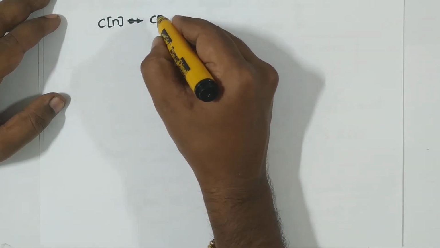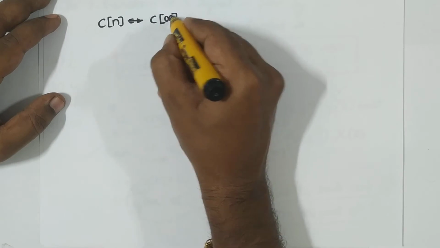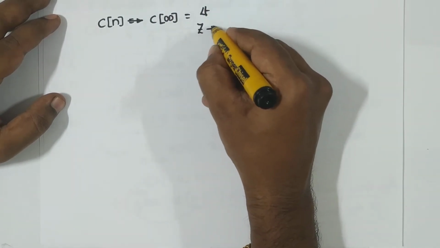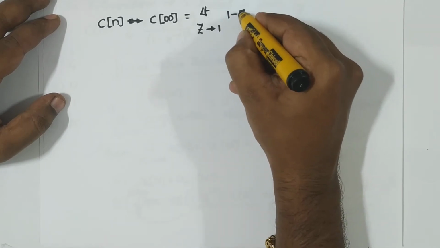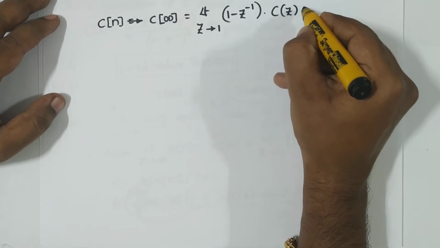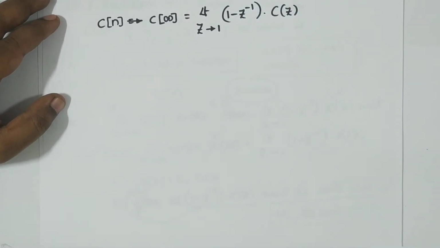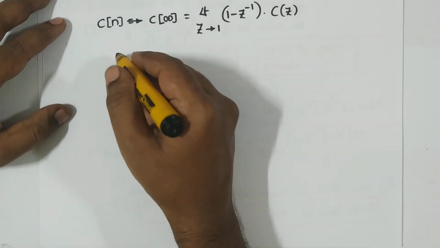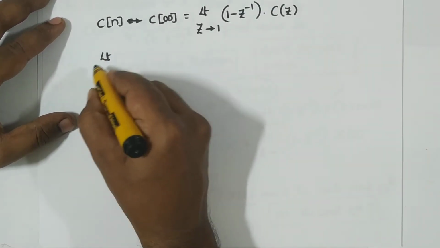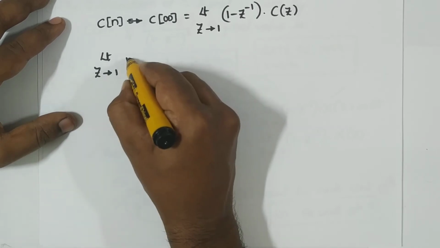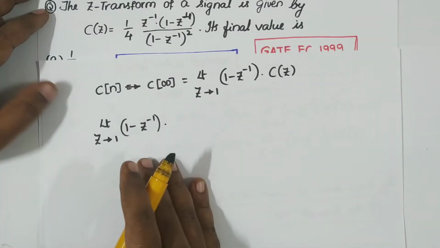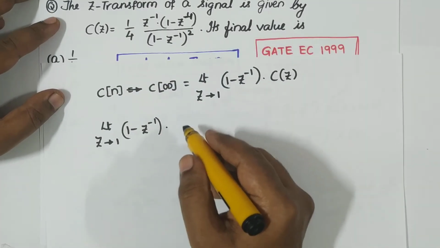At n tends to infinity, c of infinity is equal to the limit as z tends to 1 of (1 minus z power minus 1) times c of z. Now finally we can find this. So what is c of z given to us? c of z is given like this.